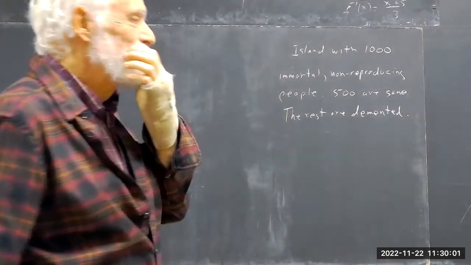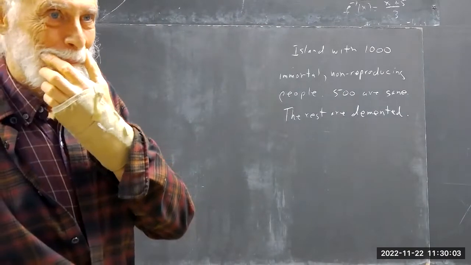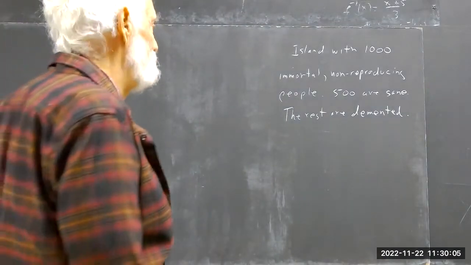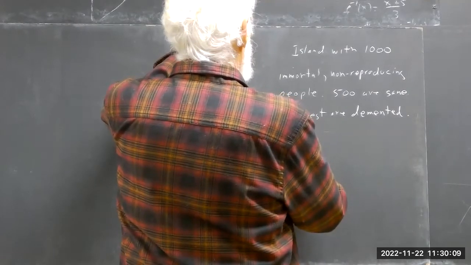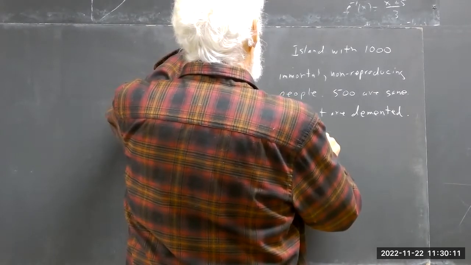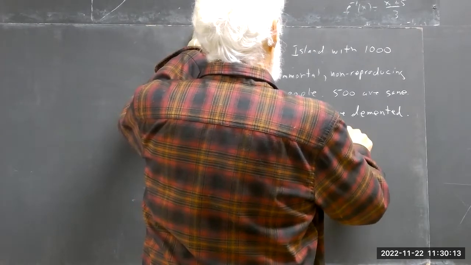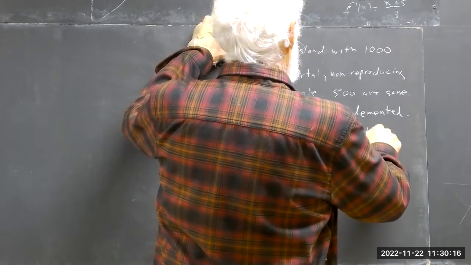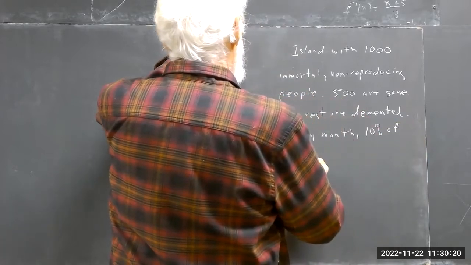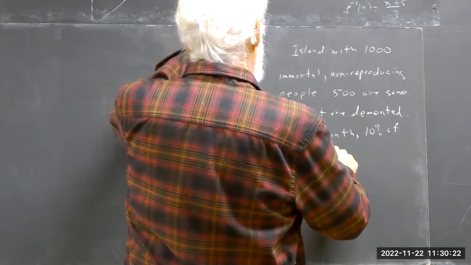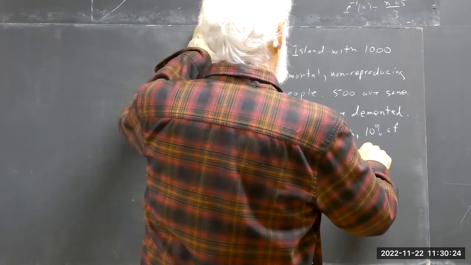The rest are demented. So every month, 10% of the sane become demented.